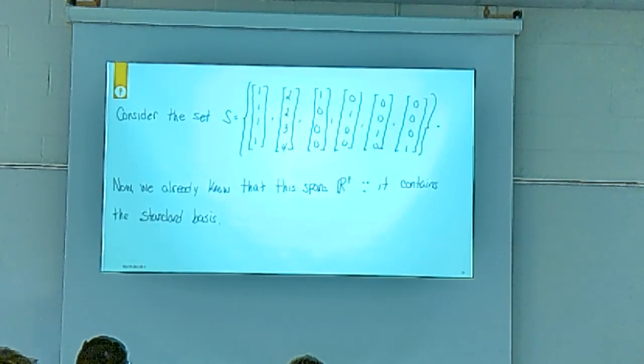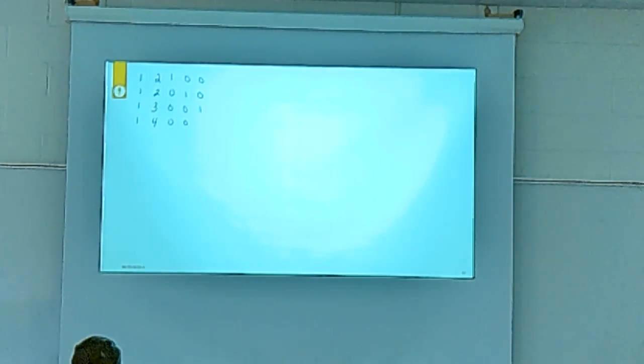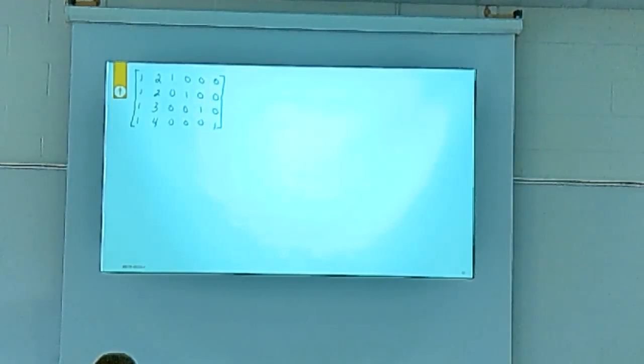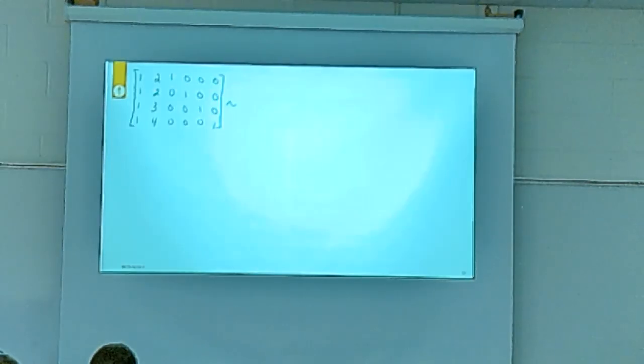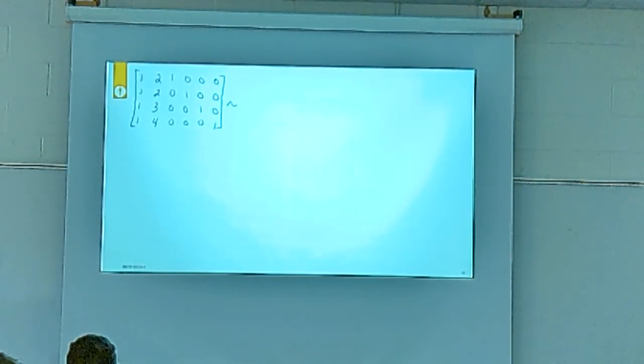So set up your matrix. So go ahead and type it into your calculator while I type it into Mathematica.